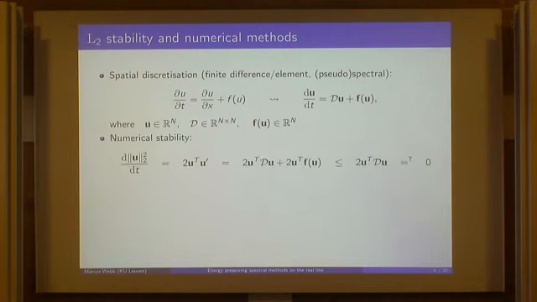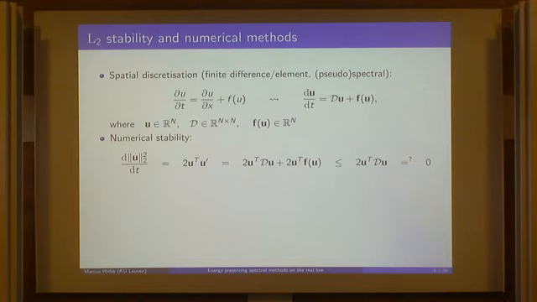What about the L2 norm of this discrete solution, this numerical solution? Well, it's just an elementary calculation. Just expand out what this derivative of a norm is. And depending on how you carefully discretize this transport term using the assumptions we had on it, this would be non-positive.